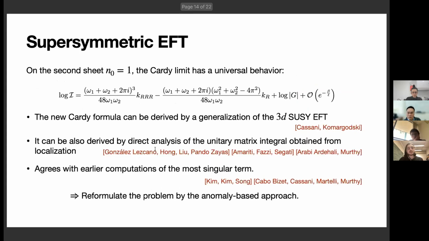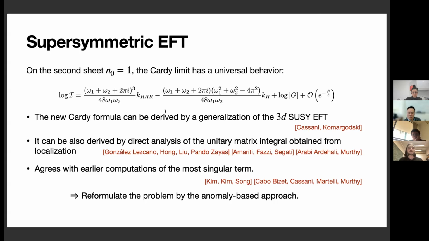However, we can also probe the second sheet where we turn on this non-trivial value of n0. And then we will discover that the Cardy limit has a completely different behavior given by this formula. In particular, in this new regime, we can completely nail down all the terms that contribute to the Cardy limit up to exponentially small corrections in beta.